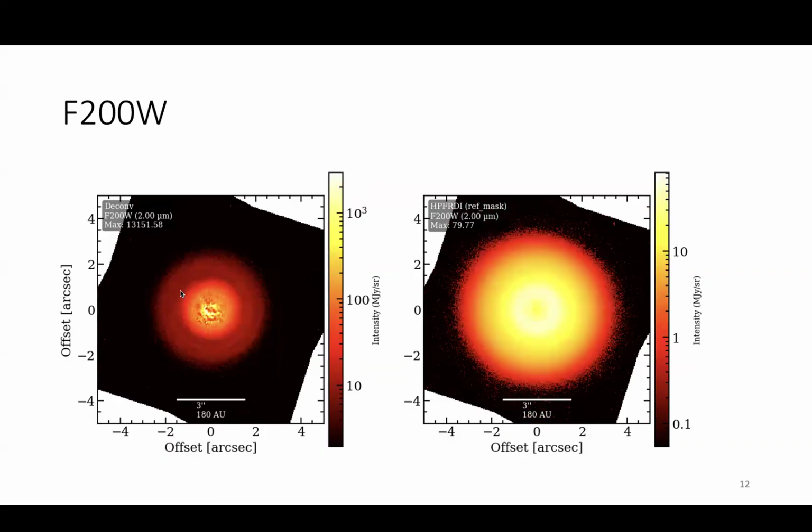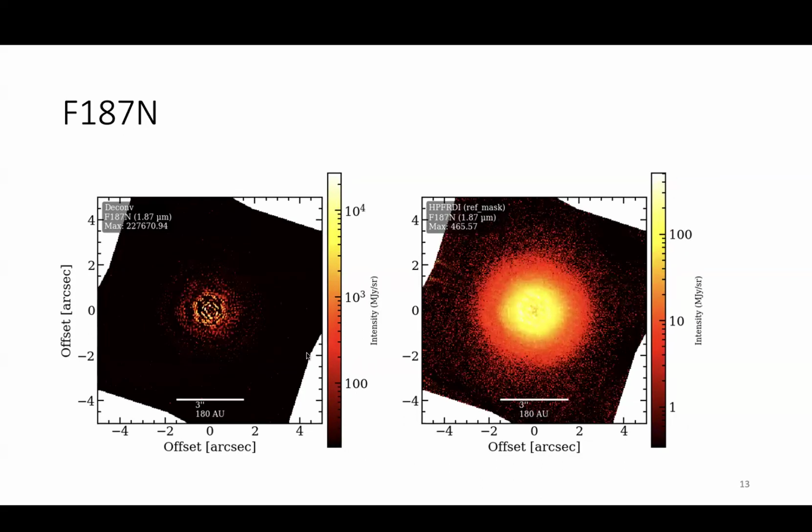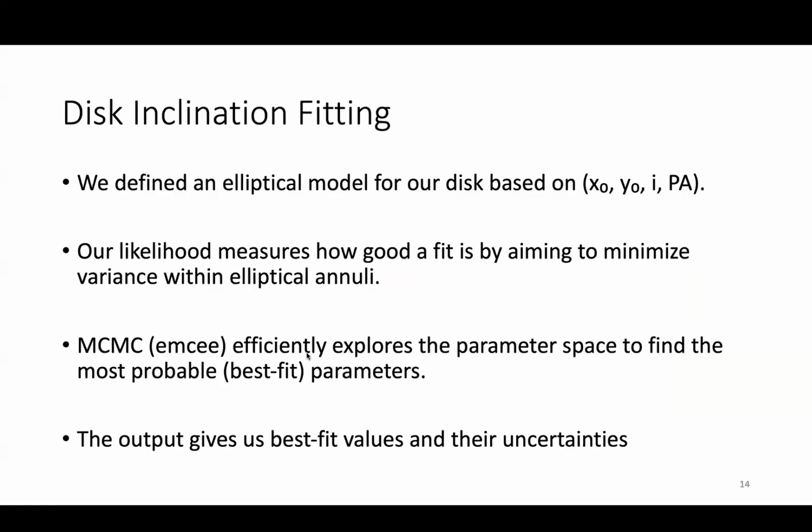For F201, this is the most clear one in our data set. You can clearly see there's a bifurcation structure here. At much shorter wavelengths, it does not work so well for this image.